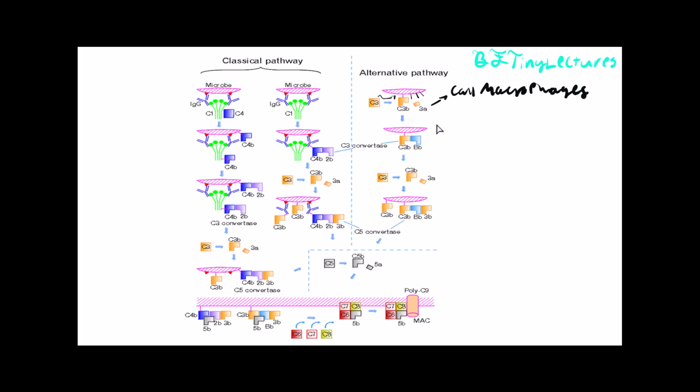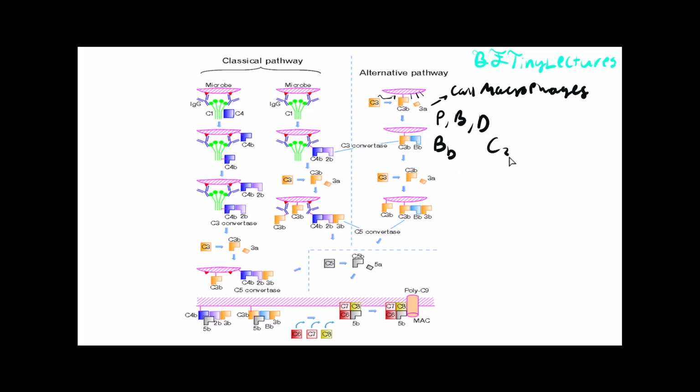And it's a very complicated process, but essentially we're going to use factors P, B, and D. After they interact with C3b, we have a new protein. And this new protein is called protein B, and this protein B is going to be binding. So we call this Bb. Protein B is going to bind to C3b.